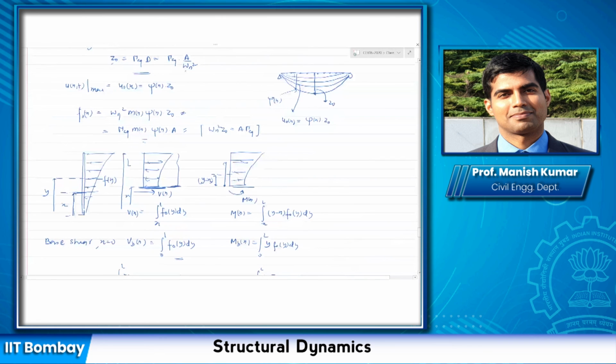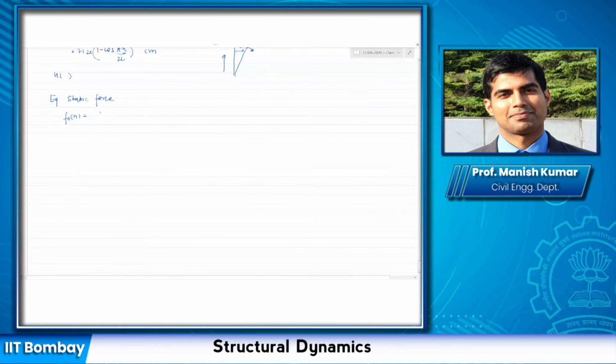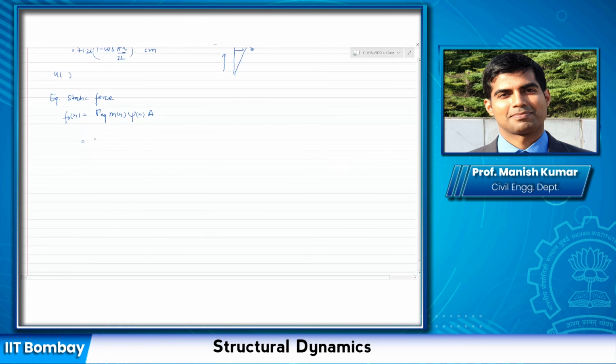So it would be gamma equivalent times mx times phi x times a. Now gamma equivalent I already know is 1.6, right? Mx I have already found out, mass per unit length.